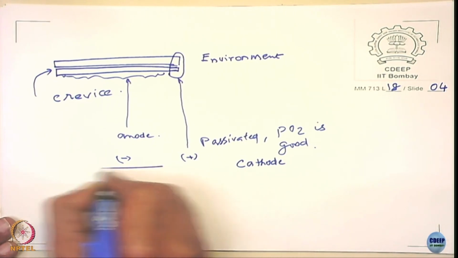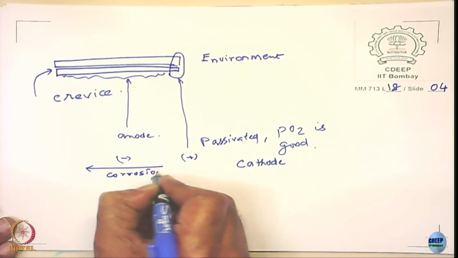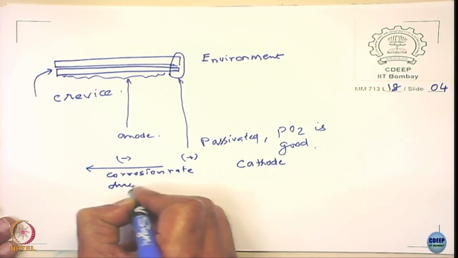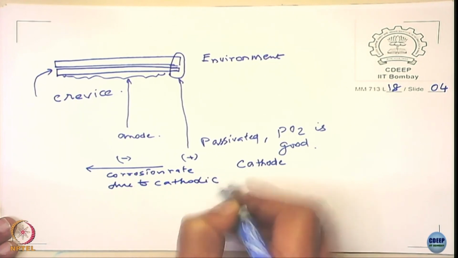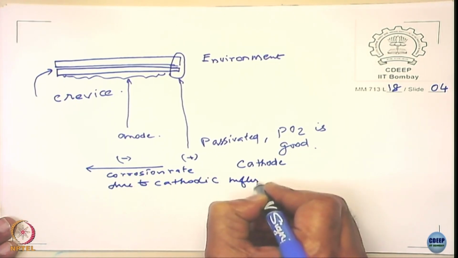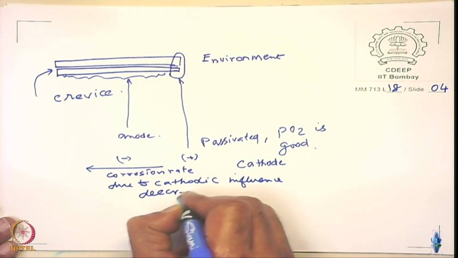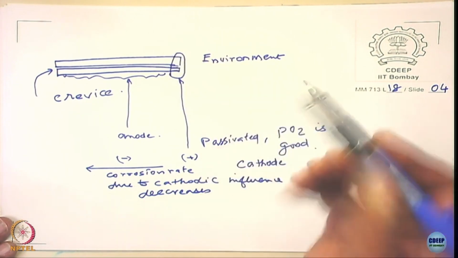The corrosion rate due to cathodic influence decreases. But what about the oxygen concentration?